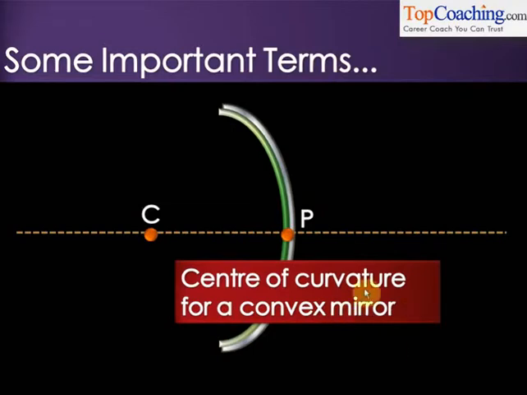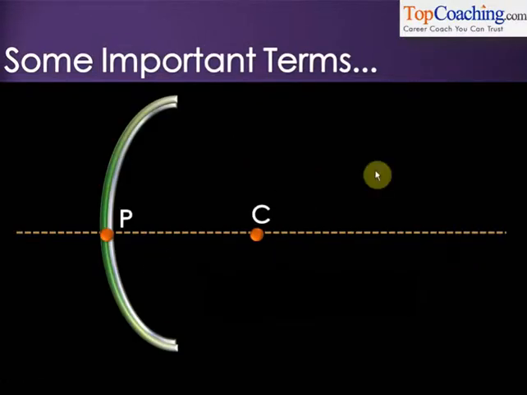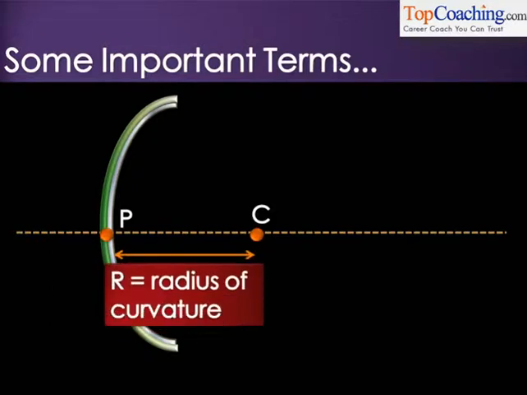There's no doubt about it. In this case, the gray surface on the right is the reflecting surface and the center of curvature is on the opposite side. The distance between the pole and the center of curvature gives us another important term, the radius of curvature of the mirror.